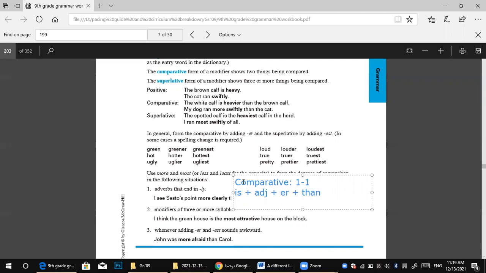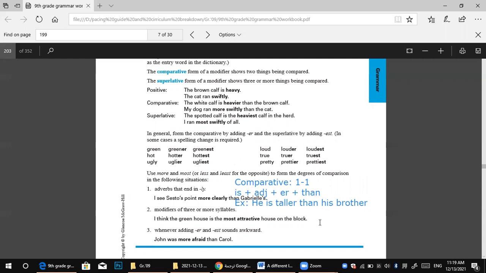For example, he is taller than his brother. That's a very important part: is, adjective plus ER, than. He is taller than his brother.